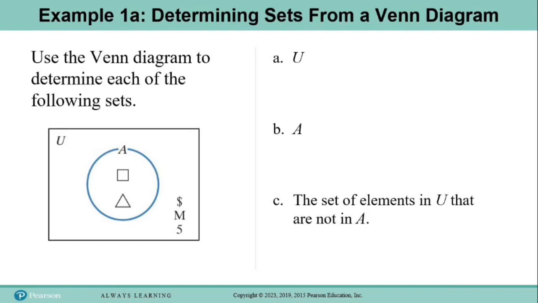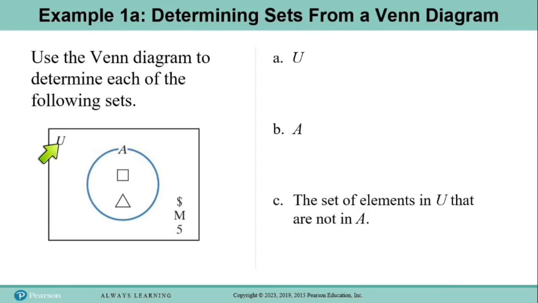Example 1a says use the Venn diagram to determine each of the following sets. And so here is our first Venn diagram. Now in part A, they're going to ask us to determine the elements of the universal set. And so let's look at this diagram together. We said earlier that the universal set is always represented by a rectangle, and it contains all the elements that are of interest.